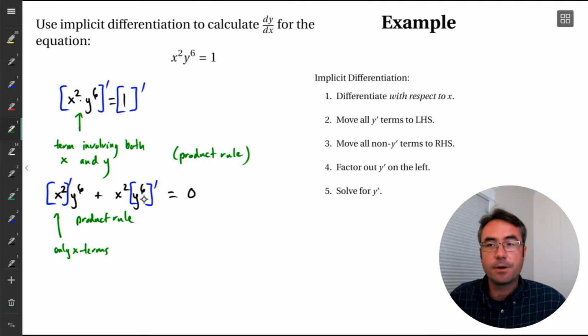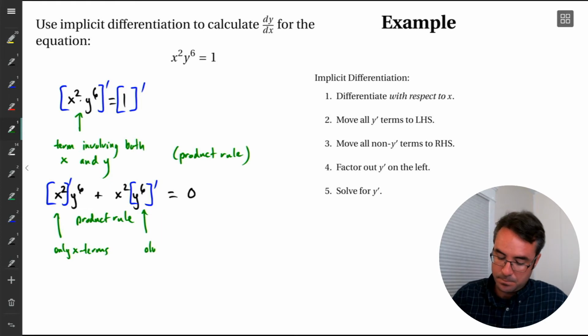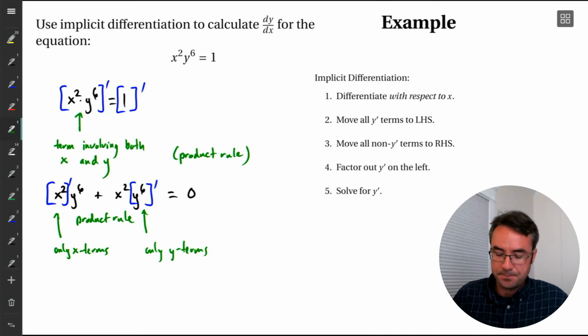And if we look over here, we still have to do this derivative of y to the power 6, but now we're only differentiating a y term. So we have only an x term to deal with here, and only a y term to deal with here. And we kind of saw what to do in the last example.